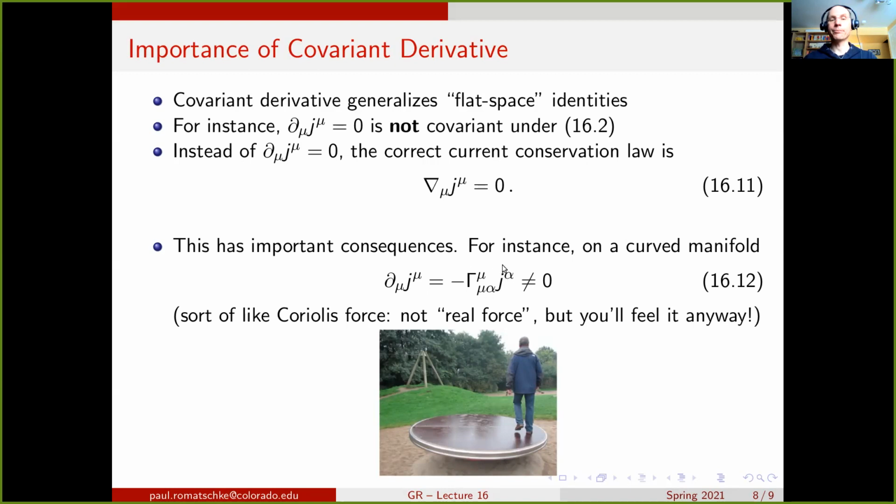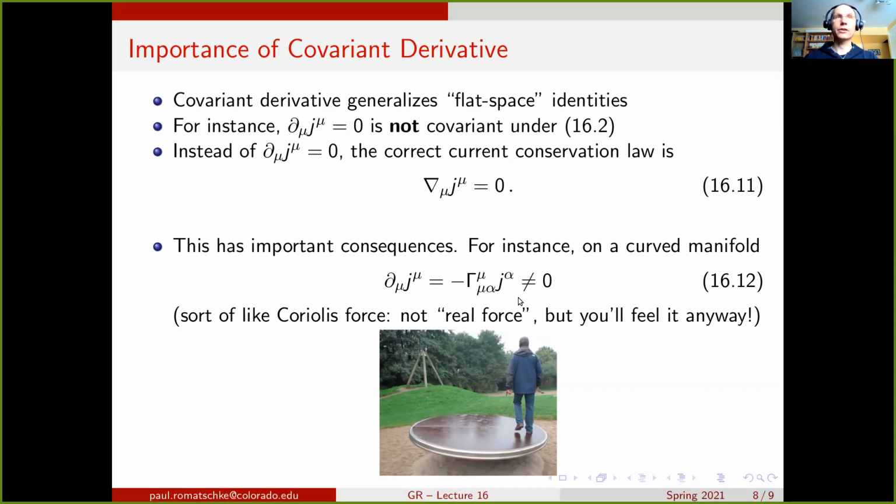So this violation of the current conservation law is not due to some real effect, the way that we usually define real forces, but it is something that will change. So basically your charge will no longer obey d mu j mu is 0, but it will obey this particular conservation law here.